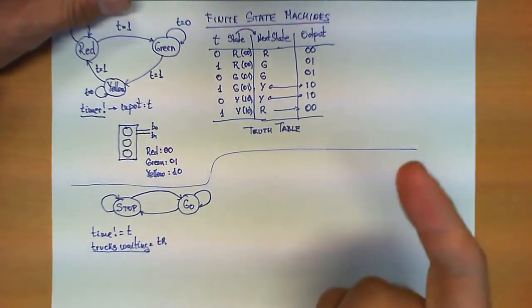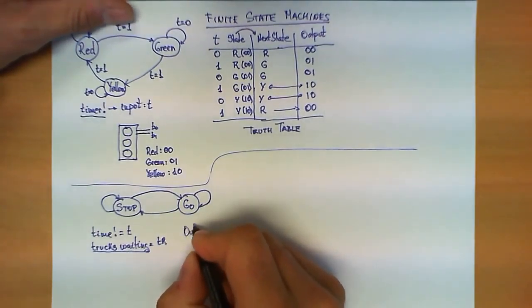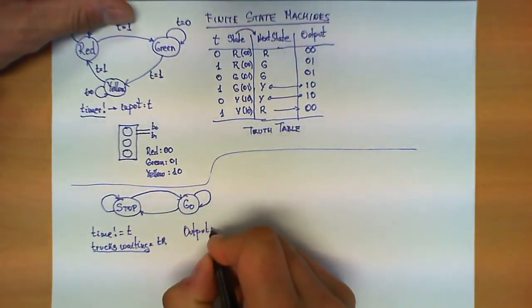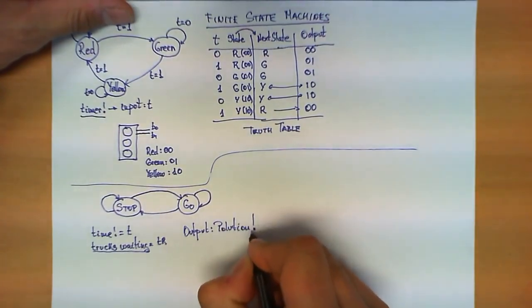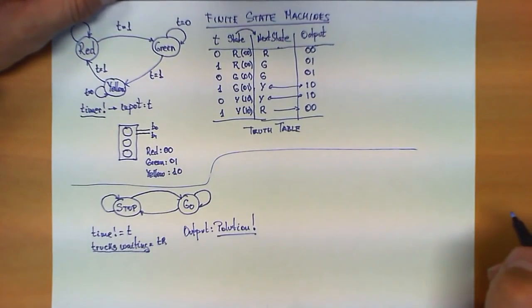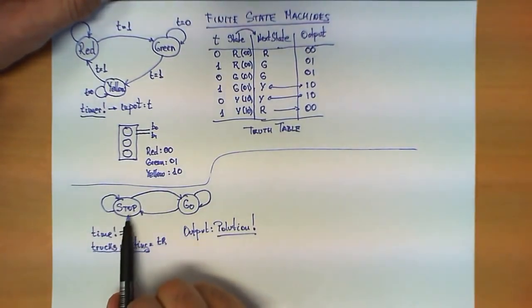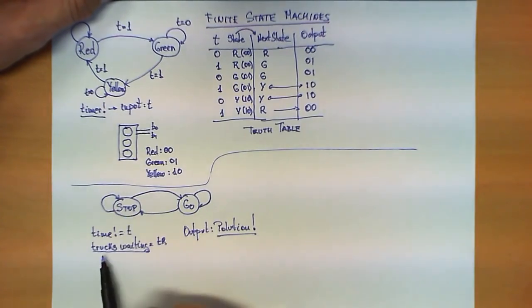Now what happens here is the following. I would like to produce an output from this machine that warns me when there is the possibility of pollution. Now the possibility of pollution occurs when I am in the stop state and the trucks are waiting.